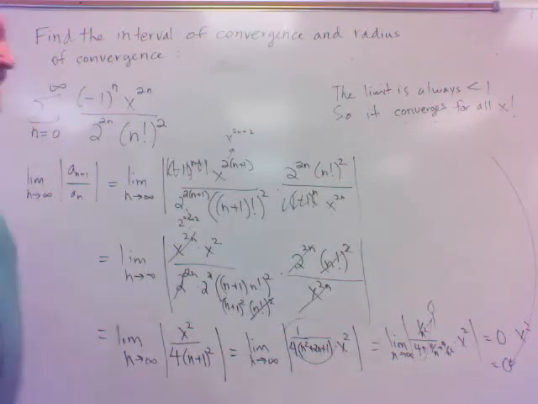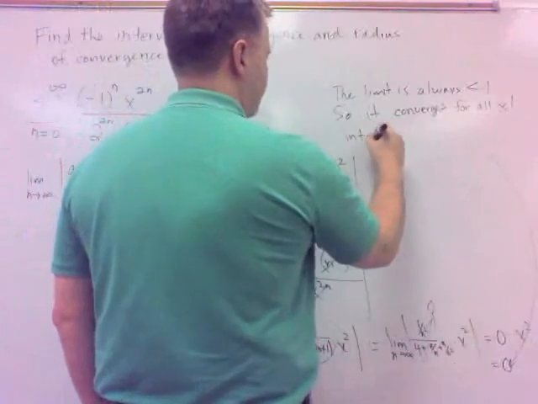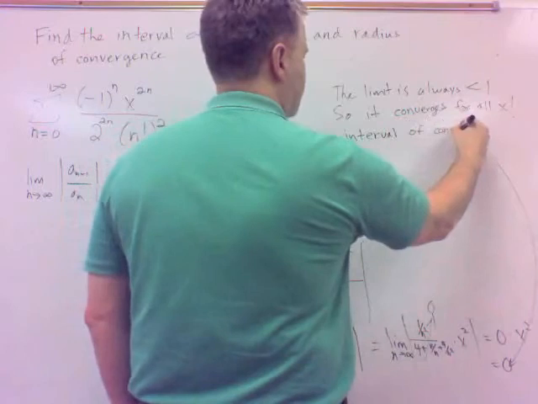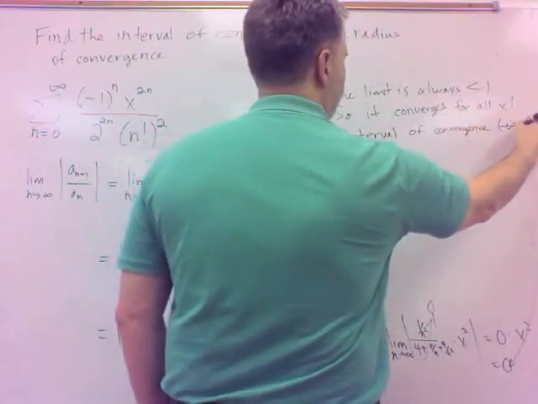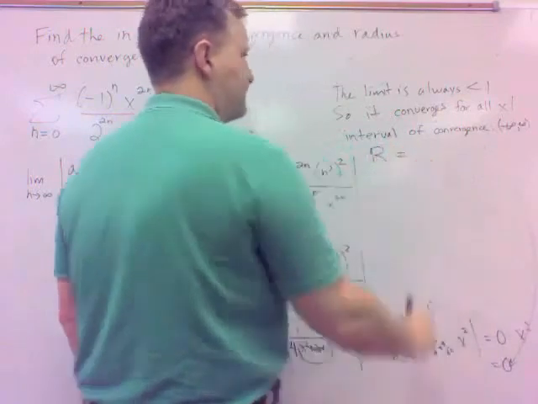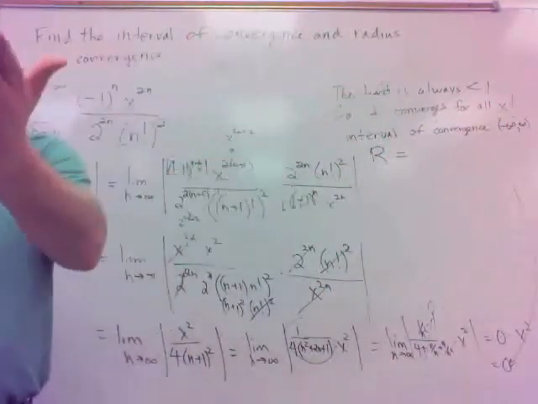So how do we write that? Well, the interval of convergence then would be for all x, so that'd be negative infinity to positive infinity. And then the radius of convergence r, well, negative infinity plus positive infinity divided by 2.